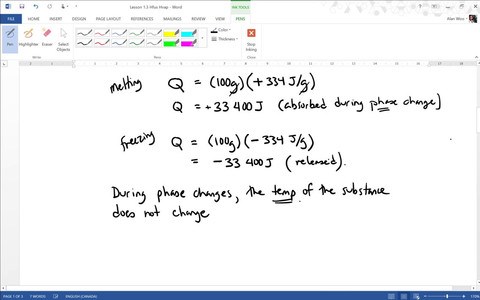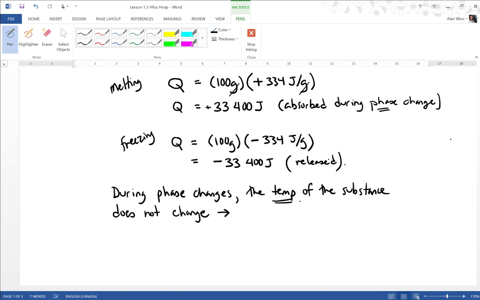And if it doesn't change, then we have one specific melting point, freezing point, boiling point, or condensation point.